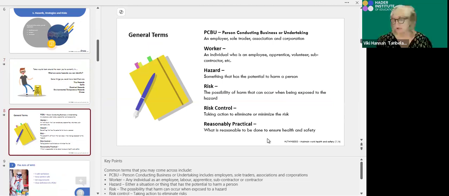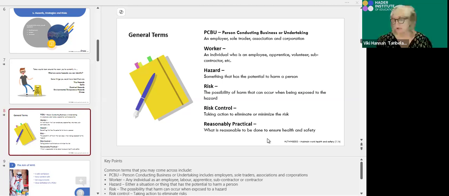Okay, great. So a PCBU refers to, just in general terms, of course, our sector has lots of acronyms we like to shorten, but it means a person conducting business or an undertaking. That's your client, the employer, if you're a sole trader, an association or an incorporation as well. You could be in a government department.